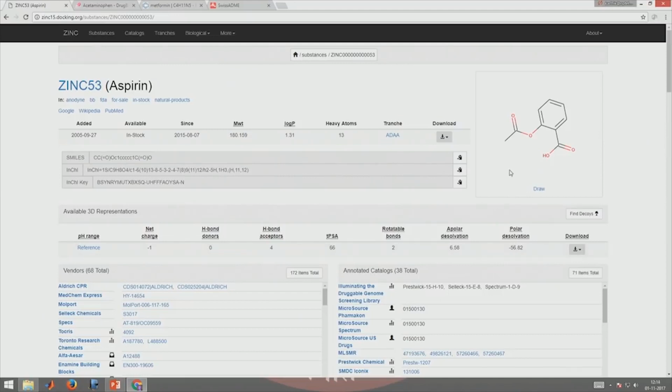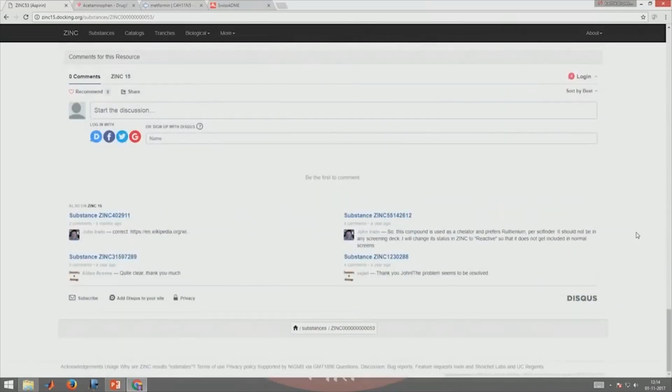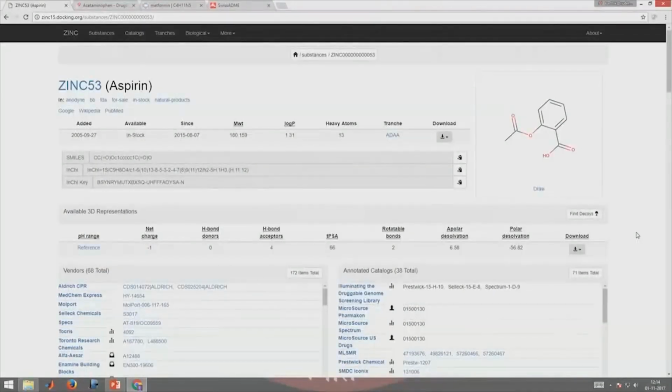Rotatable bonds, it has got 2 rotatable bonds. Desolvation, the apolar desolvation and polar desolvation. So, some properties either experimentally determined or obtained from theoretical modeling are given. In addition, I think other information is also given about this molecule.